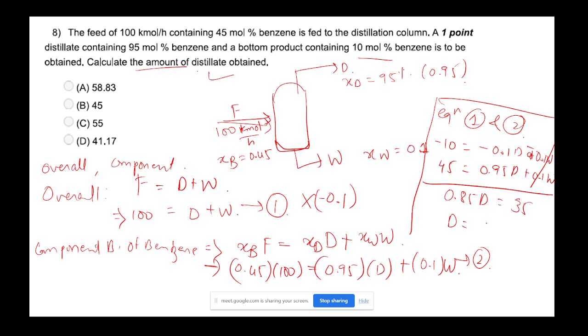So D comes out as 41.17 kilomole per hour, because the unit will be the same as F.